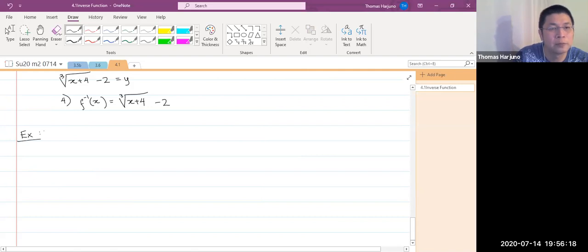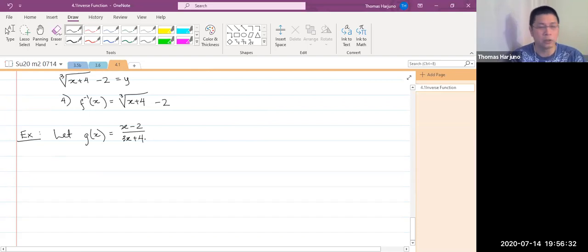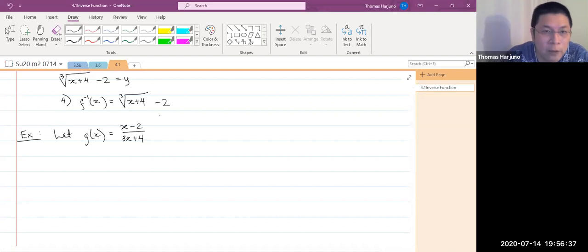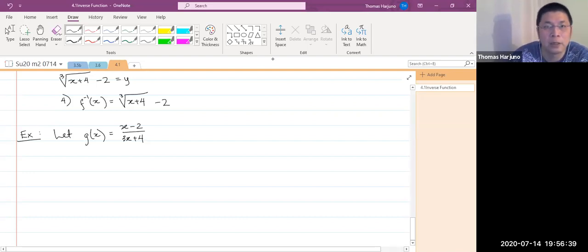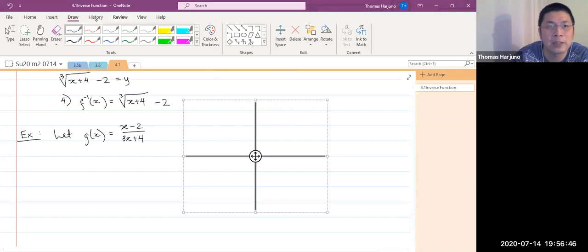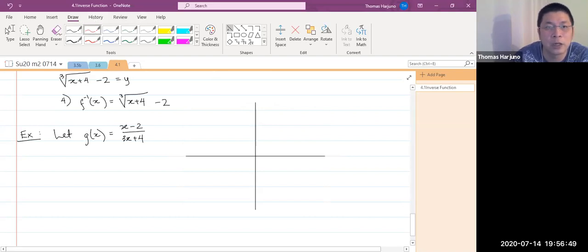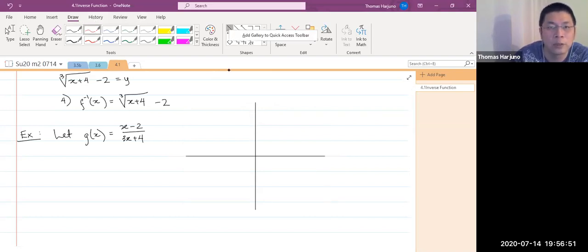For example, let f(x), let me use g(x) this time. Let g(x) equal (x minus 2) over (3x plus 4). You will see that this function is actually one-to-one. We have learned to graph this back in chapter 3, section 3.5. When we graph this, the vertical asymptote is negative 4 over 3.